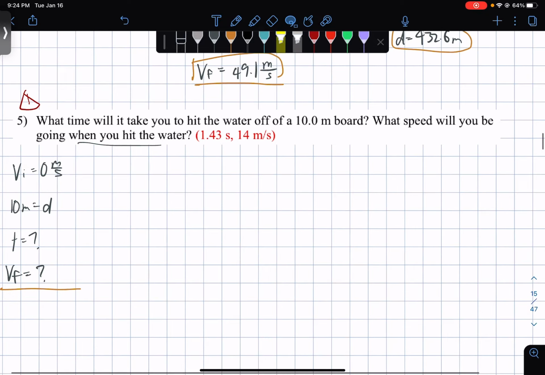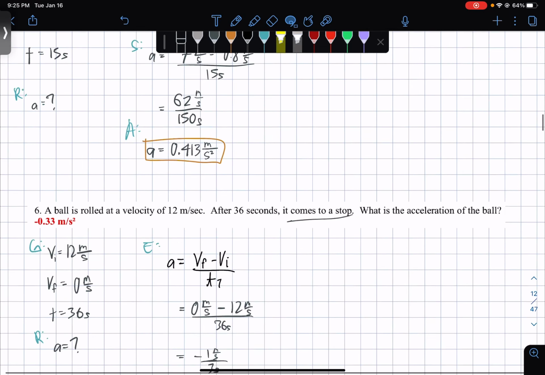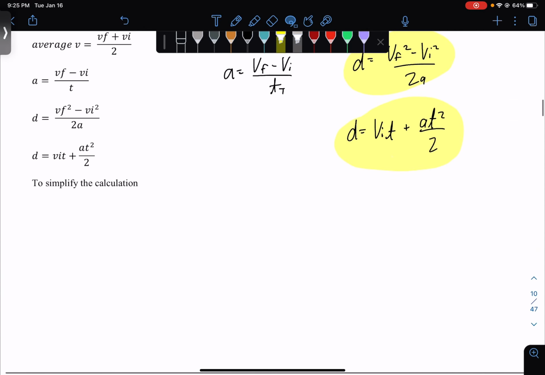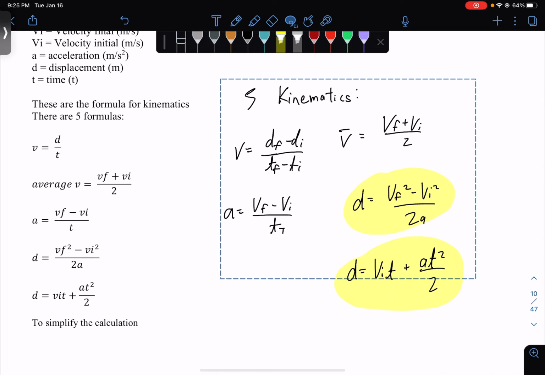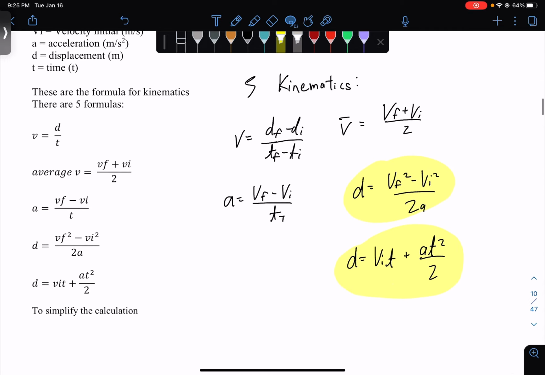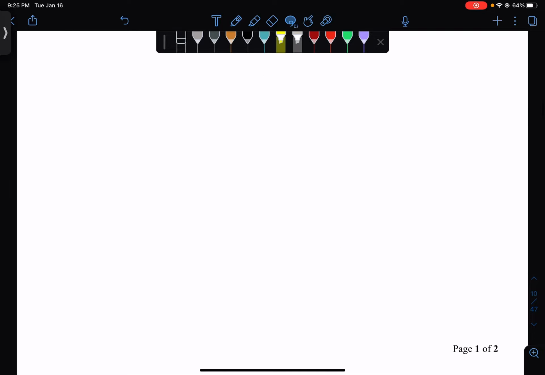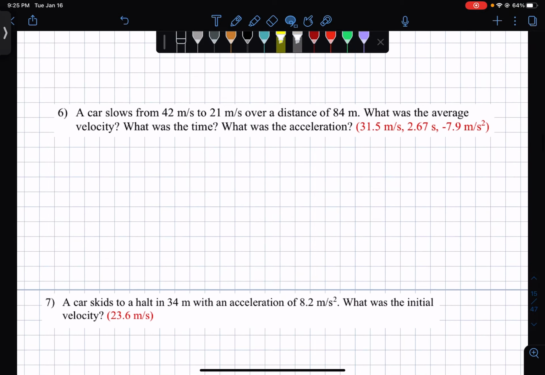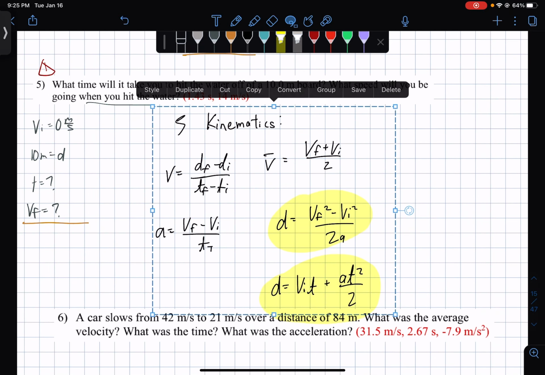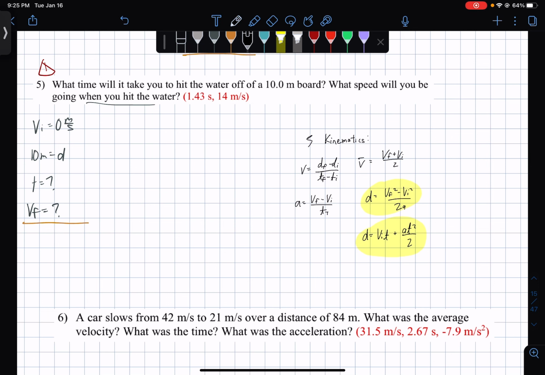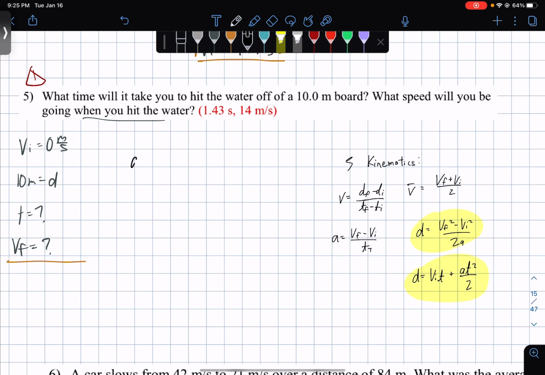Let's summon all of the kinematics formulas and figure it out. I have an idea. Choosing from the formulas, we could utilize df is equal to vf raised to 2 minus vi raised to 2 divided by 2a.